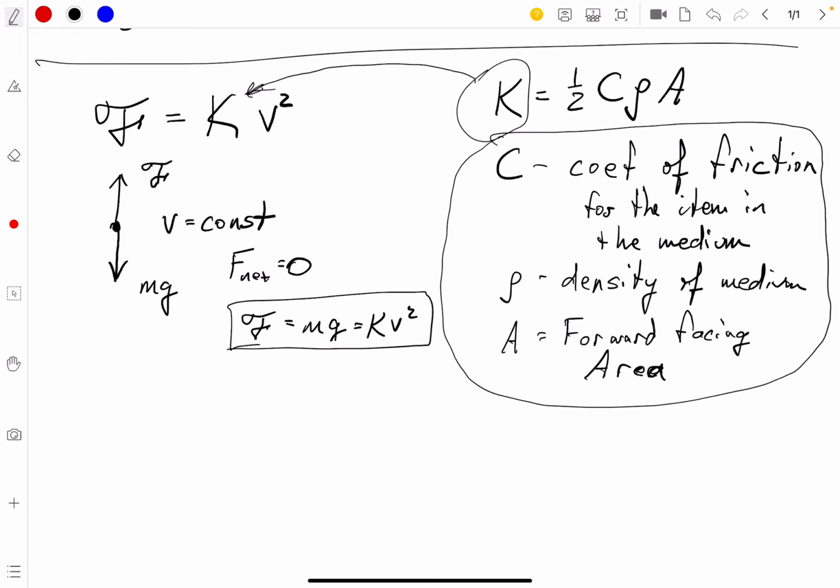In the notes, I show that v then is the square root of mg divided by k. These are equivalent equations. Depends on what you want to solve for. What if you want to solve for k? You can do it. I have faith in you.